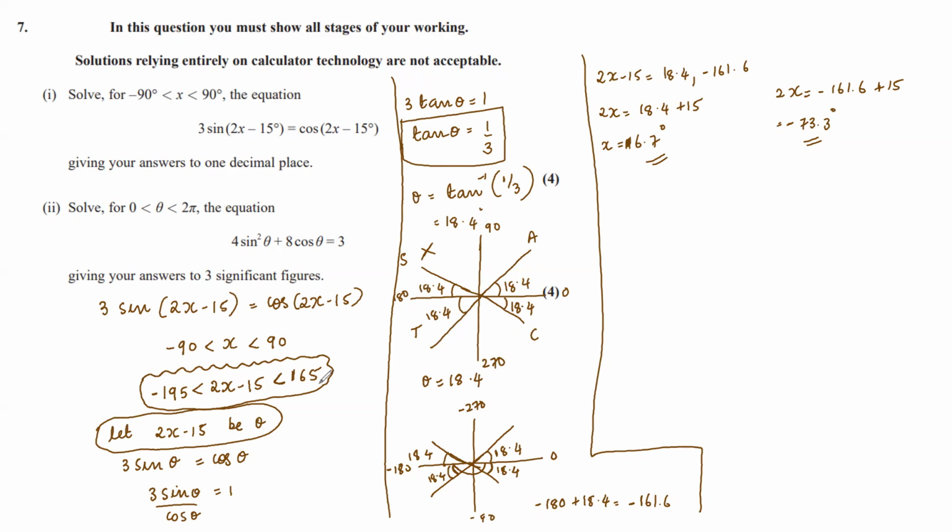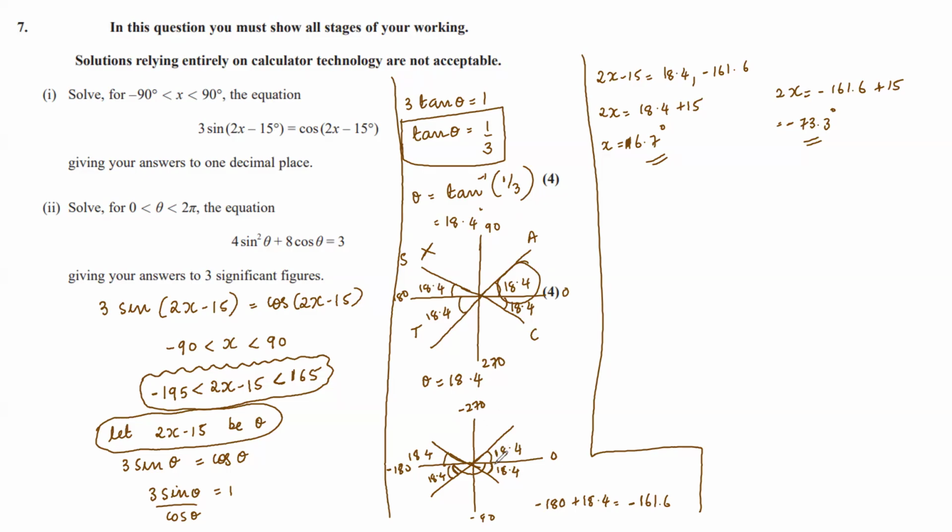Unfortunately, our interval is only till 165. That is the second quadrant. The third quadrant is not considered here. It's out of the interval. So we get only one value from the positive, clockwise CAST diagram.